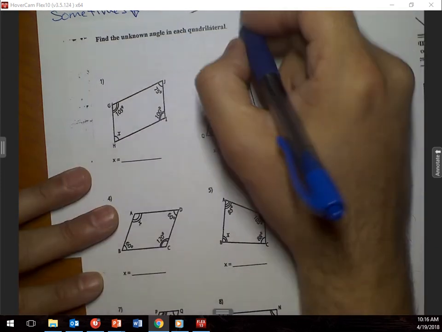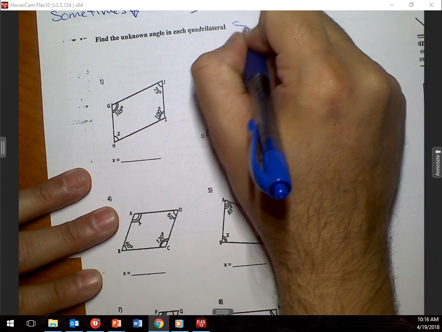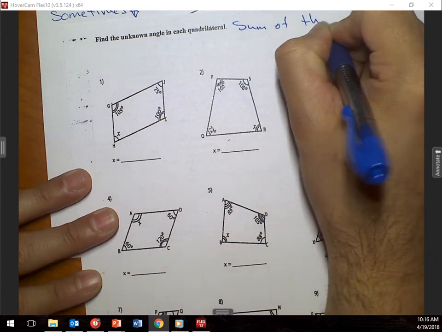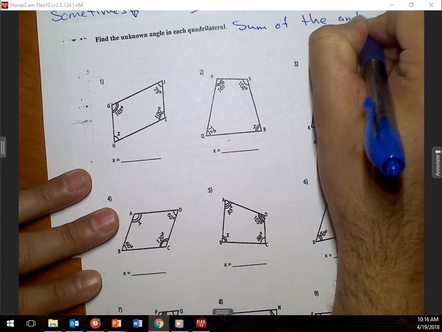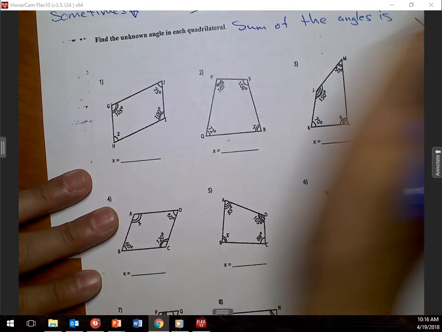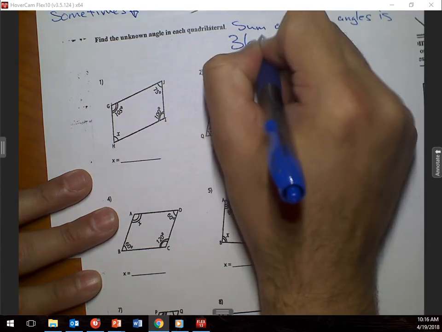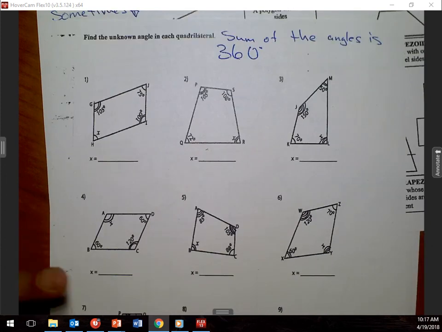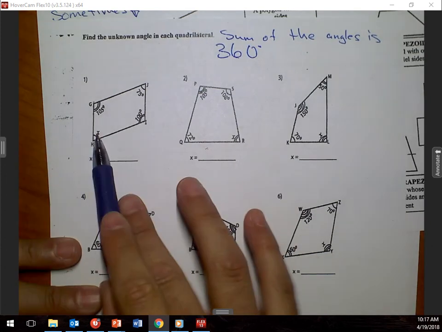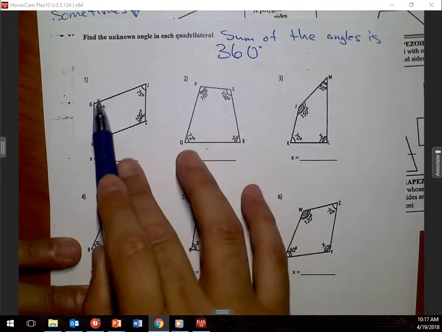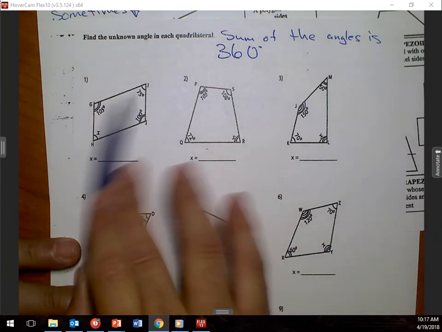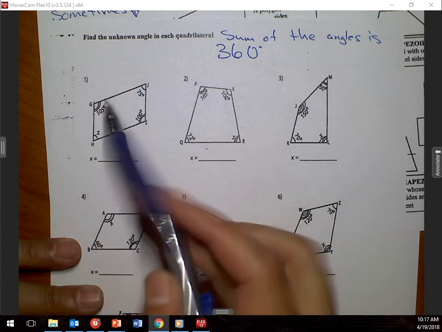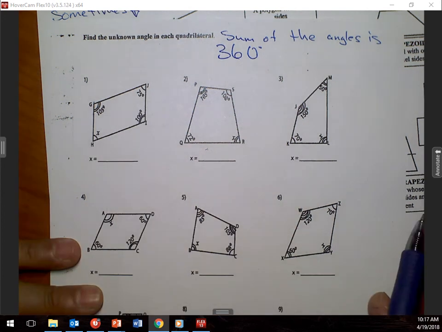So the sum of the angles is 360. If I know that all four of these angles together have to add up to 360, what would I do to find one? Add them up and subtract from 360. Very good.